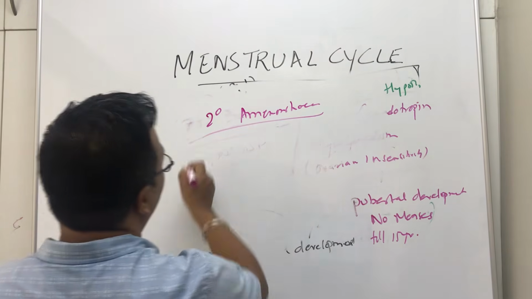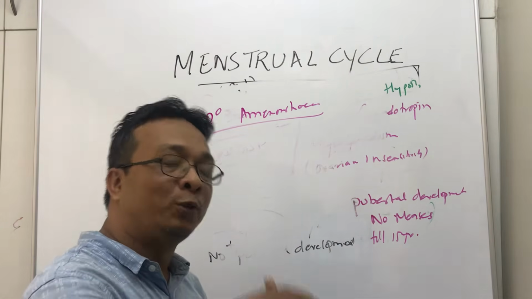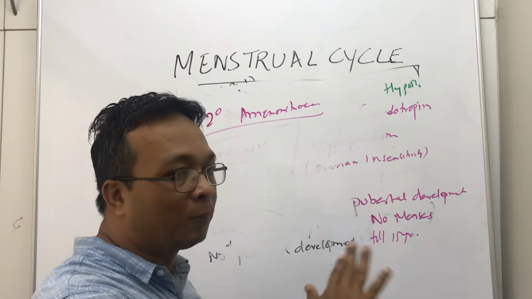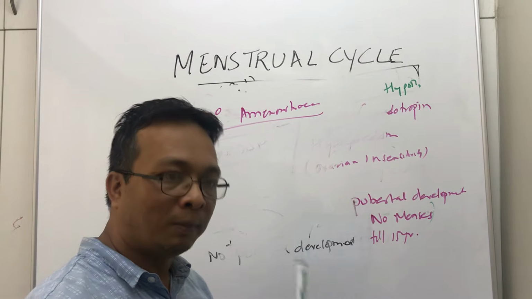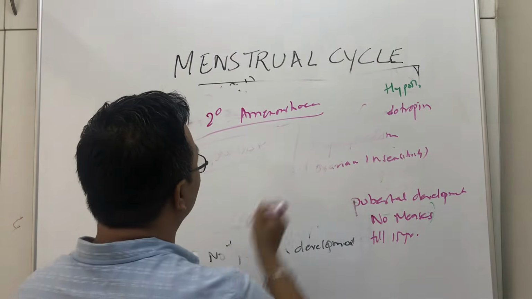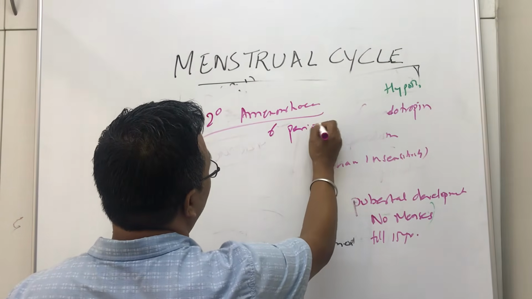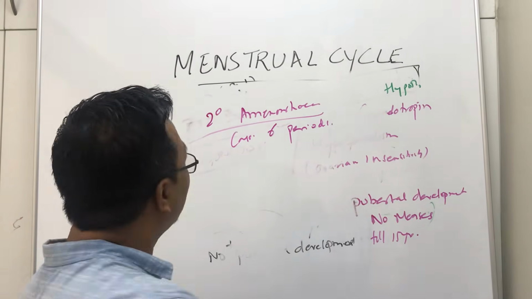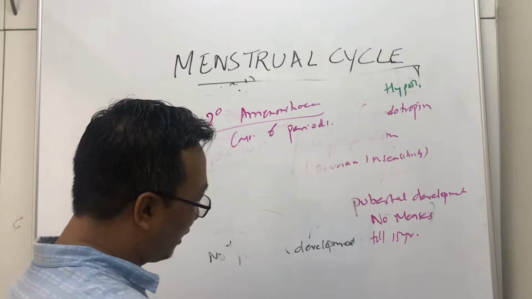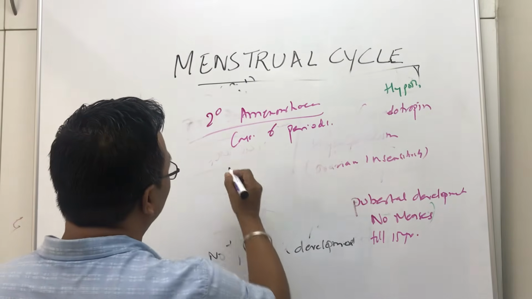This is the group of people who were menstruating before. There is no problem in menarche, no problem in the starting of menstruation. She was menstruating before, but she has missed 6 consecutive periods.